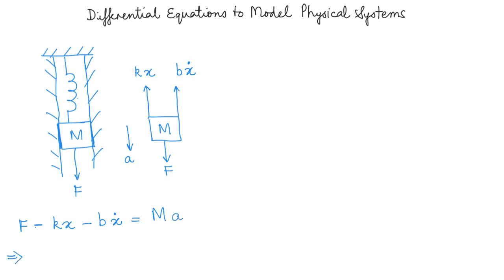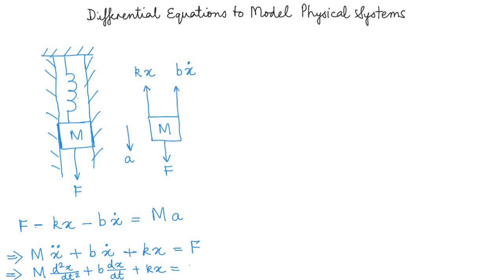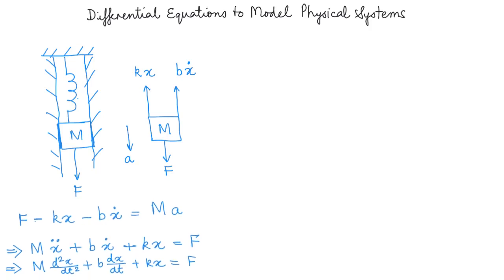This means that mass into the second derivative of x, plus b x dot plus kx equal to F. And I can write this in more standard terminology as m d2x by dt square plus b dx over dt plus kx equal to F. So you can see that this is a differential equation representation of the spring mass damper system.